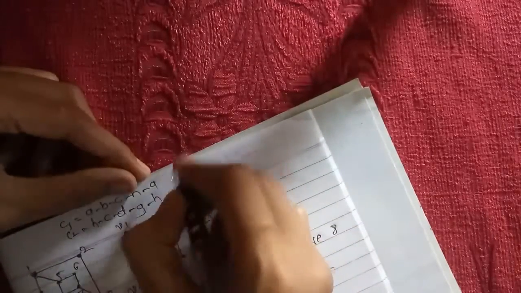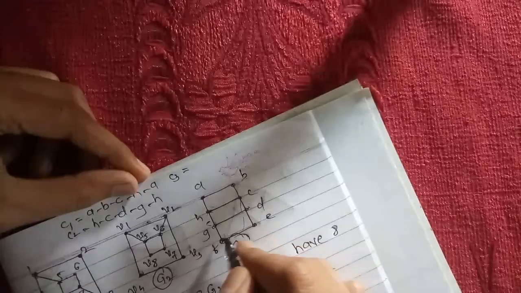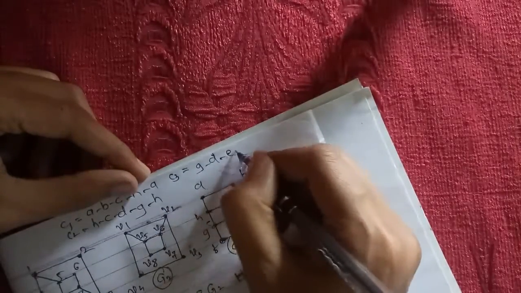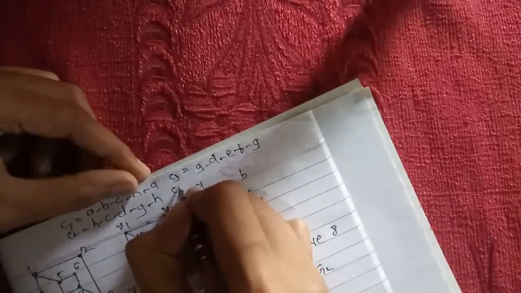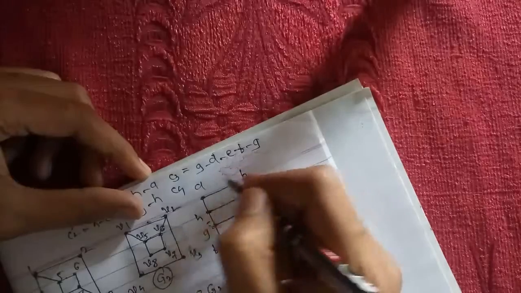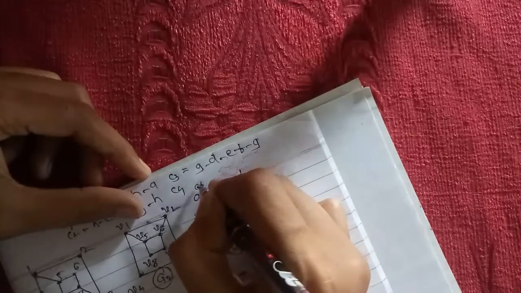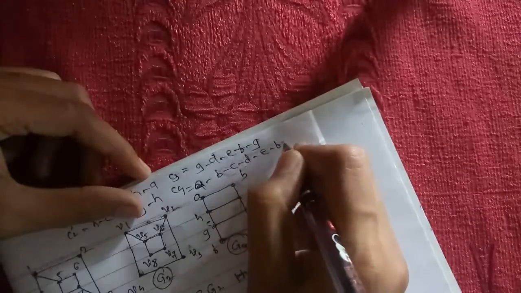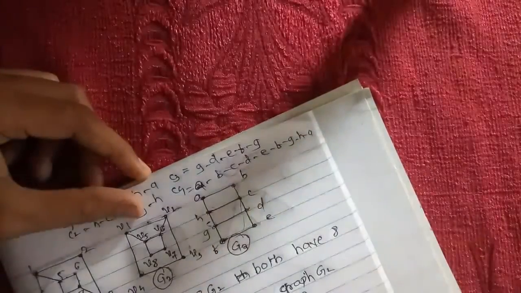Third, C3 is G, D, E, F, G. C4 is A, B, C, D, E, F, G, H and A, right?